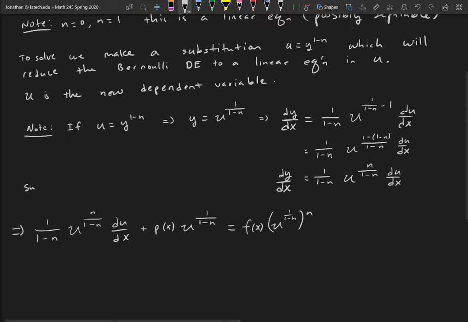So now basically we're subbing everything into the differential equation.